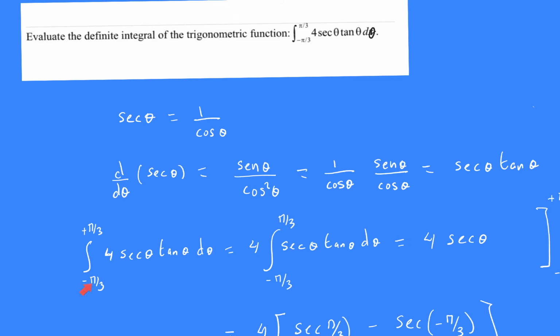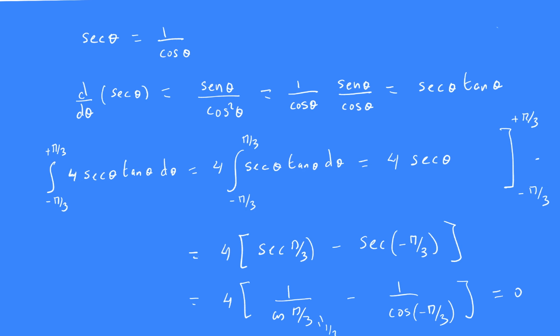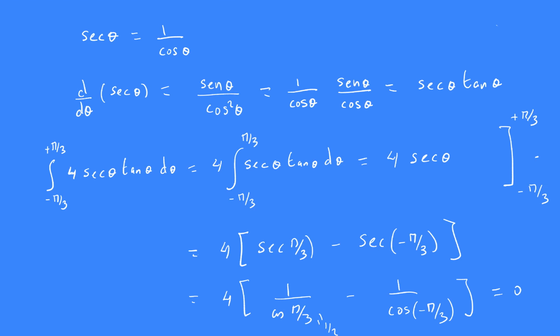The integral from minus pi divided by 3 to pi divided by 3 of 4 times secant theta tangent theta is 4 times secant theta evaluated between minus pi divided by 3 and pi divided by 3. So it will be 4 times secant of pi divided by 3 minus secant of minus pi divided by 3.